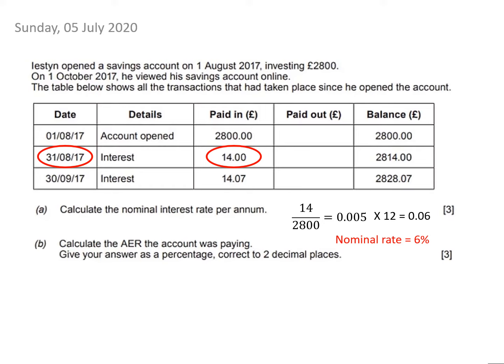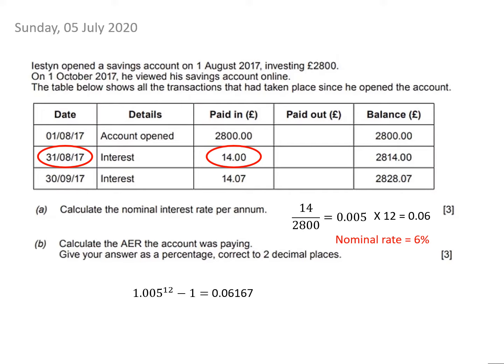Part B, it wants us to calculate the AER for this account. So our nominal rate is 6%, but we're getting interest paid monthly. So we could work on our 6%, but actually we've already worked out what our monthly rate was, haven't we? Which is our 0.005. So we can put that straight into our equation.